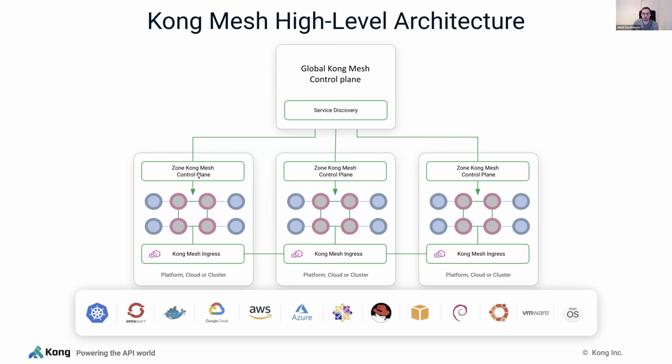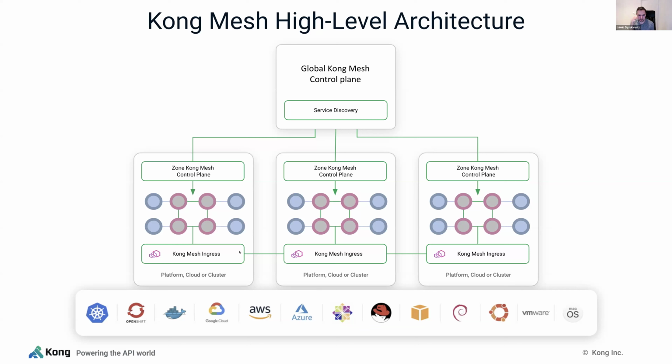Let's say I have a policy called mesh timeout. The zone control plane will be responsible for converting this policy to an xDS config, which is understood by the Envoy proxy. And then we have Kong Mesh ingress. This is zone ingress.